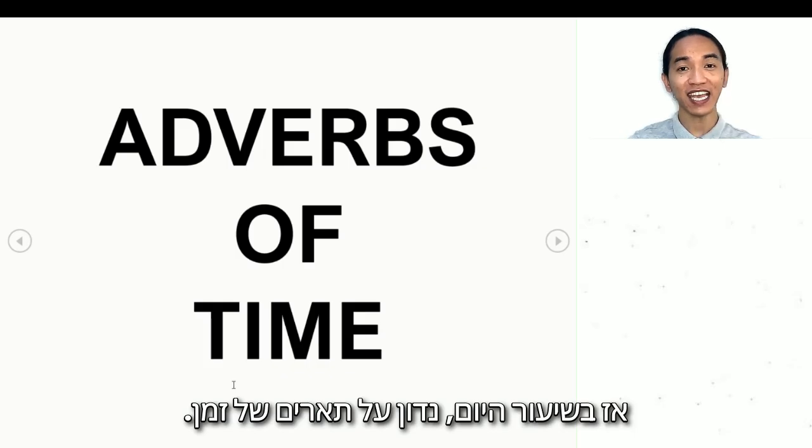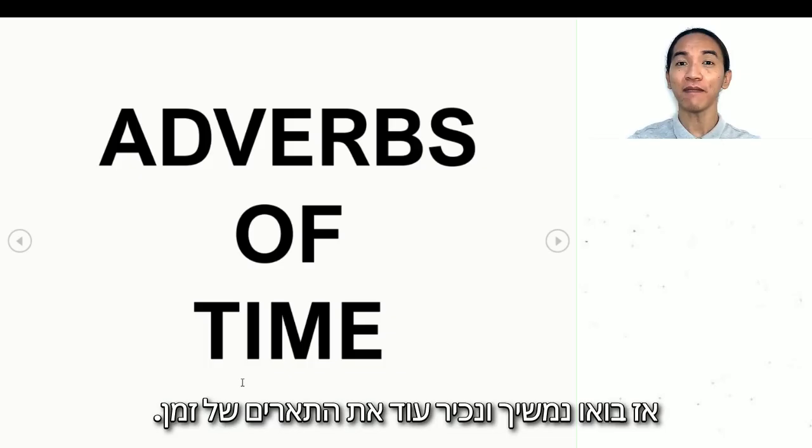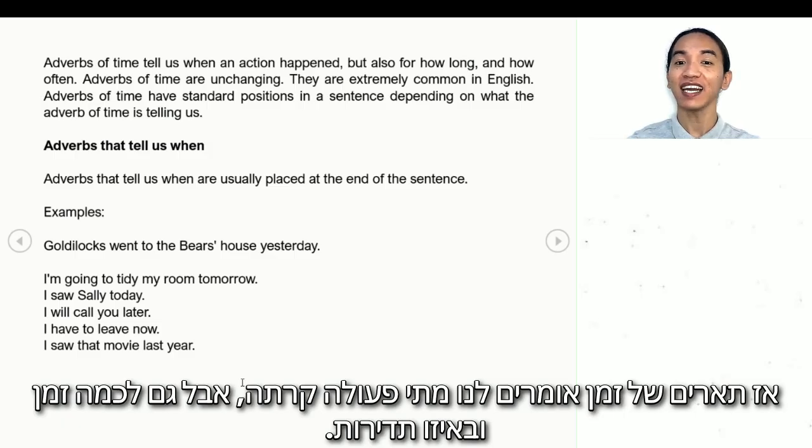Let's go. So, for this lesson today, we will be discussing the adverbs of time. This is the second type of adverb that we are going to talk about under this discussion. So, let's go ahead and know more about the adverbs of time. Adverbs of time tell us when an action happened, but also for how long and how often.